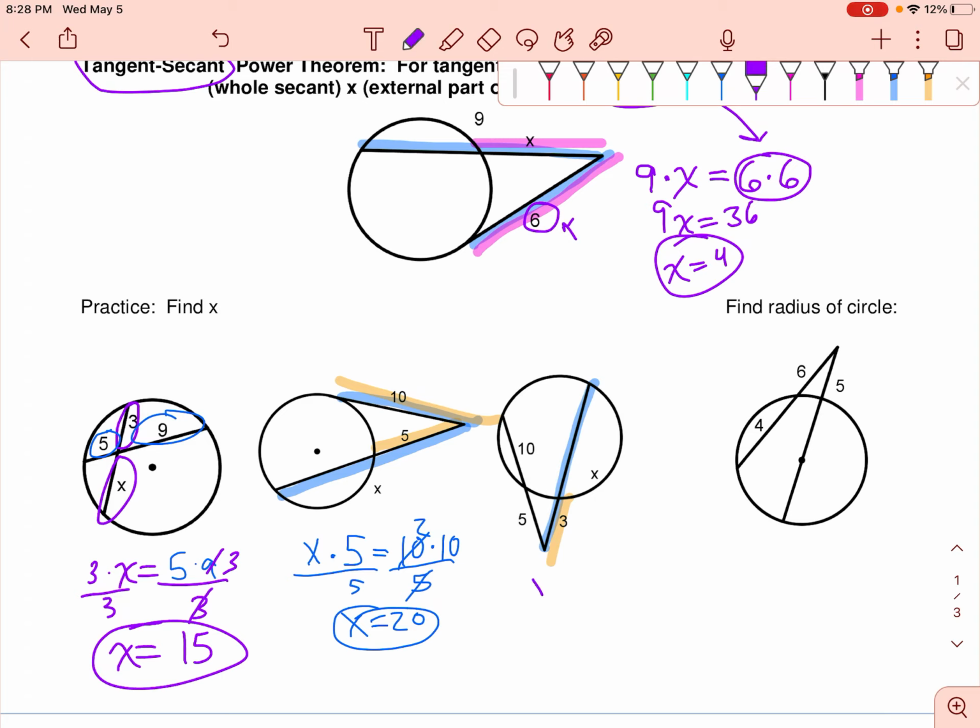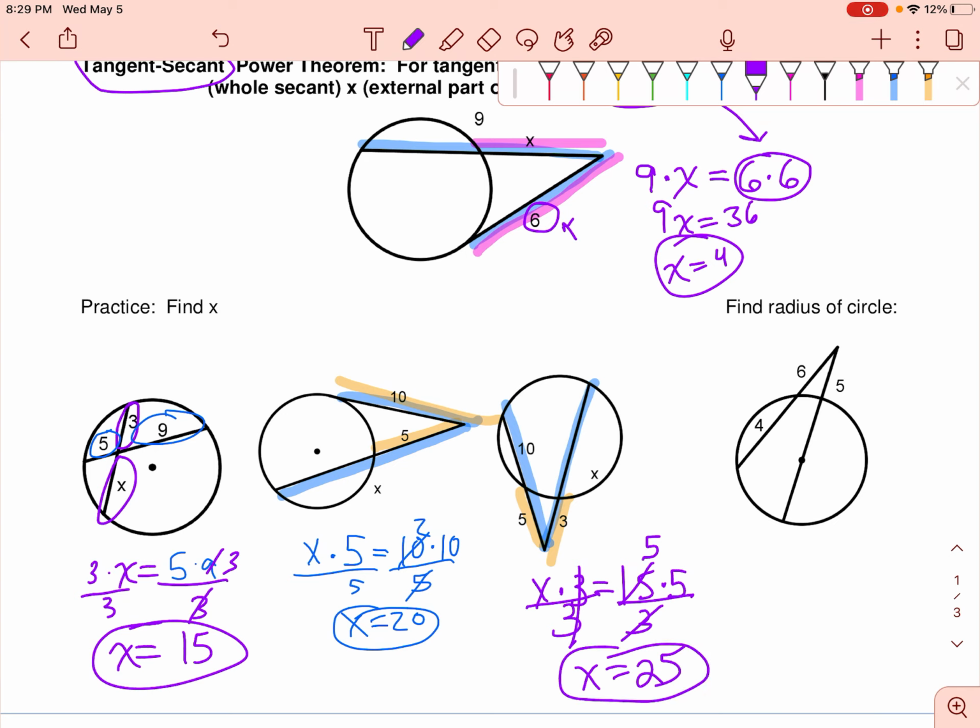Okay, so the whole thing is X times the 3, which is the part sticking out, equal to the whole thing, which is 15, times the part sticking out, which is 5. Okay, again, watch. When I divide by 3, I would divide this by 3, and so I know X is 25. Again, to me, that's just easier.